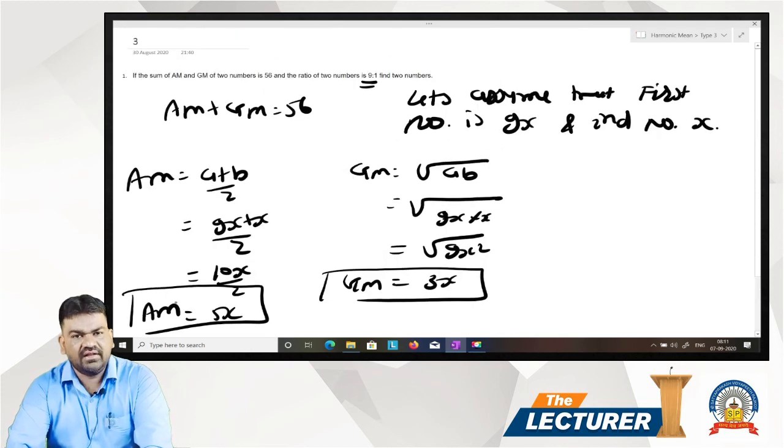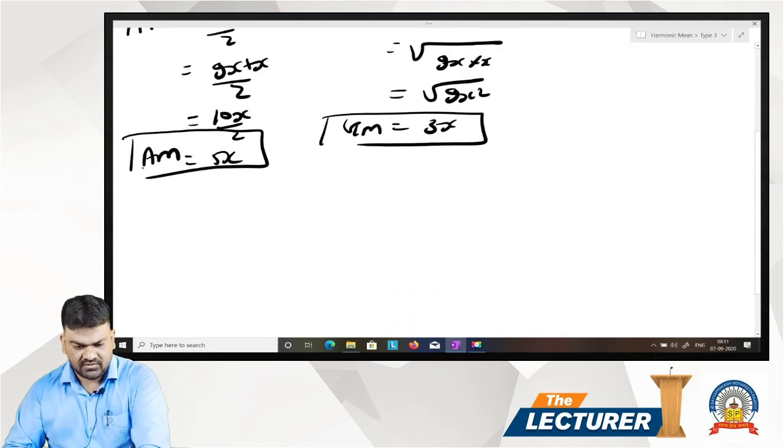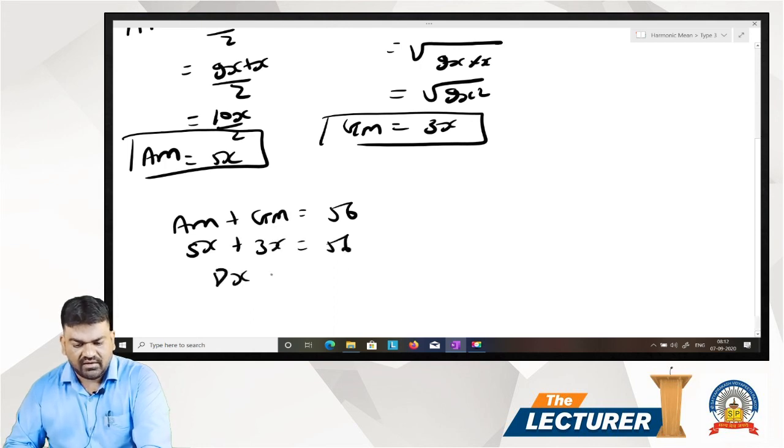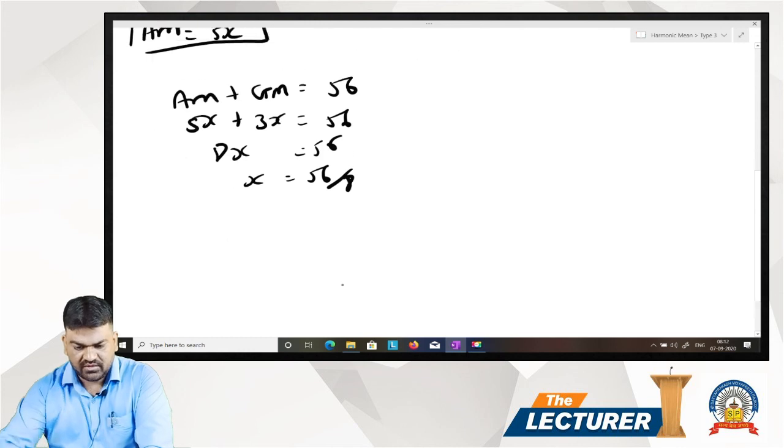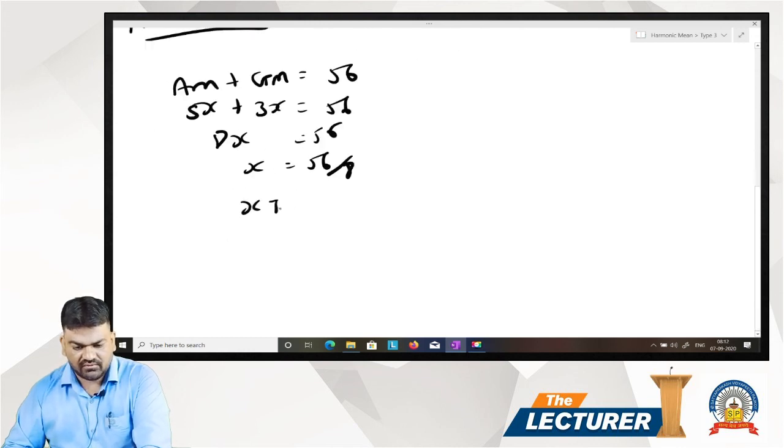Now relation is given. AM plus GM is equal to 56. What is AM? 5x. What is GM? 3x. So 8x is equal to 56. So x is equal to 56 by 8. x is equal to 7.